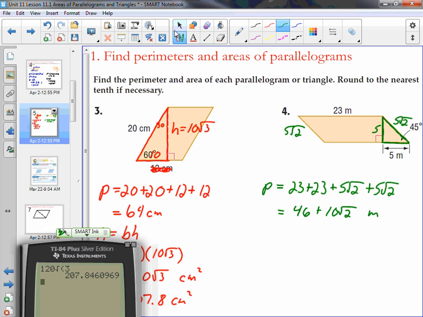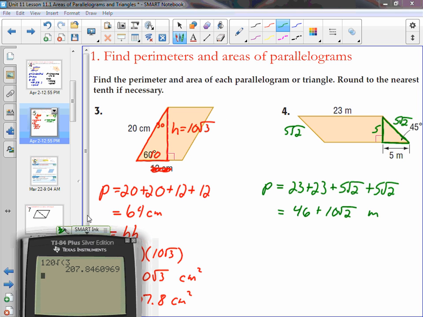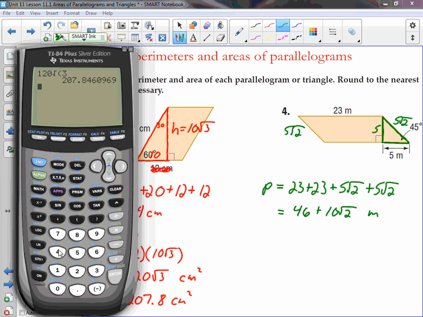They tell us to round it to the nearest tenth. So 46 plus 10 times the square root of 2. And I get 60.1. Is that what you guys get? So 60.1 meters when I round it to the nearest tenth.